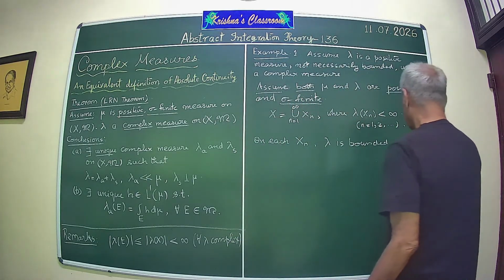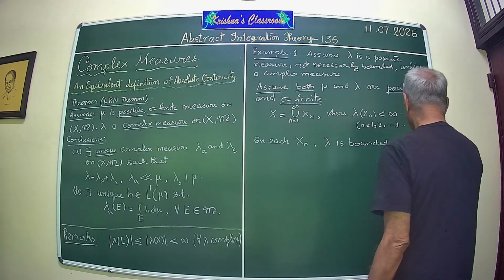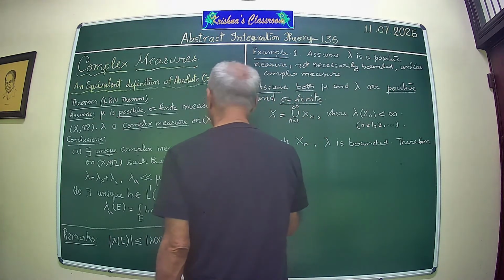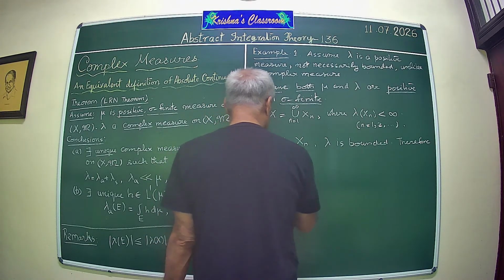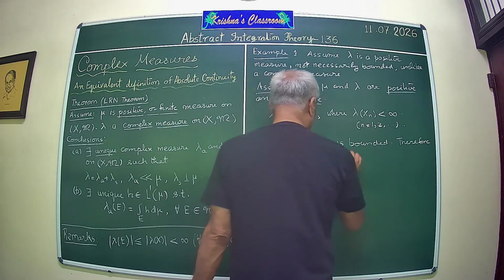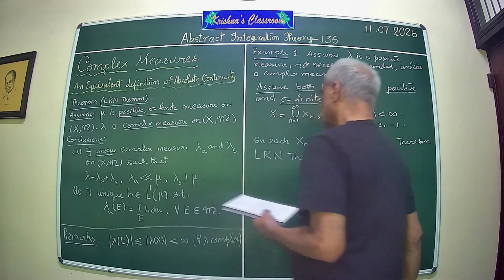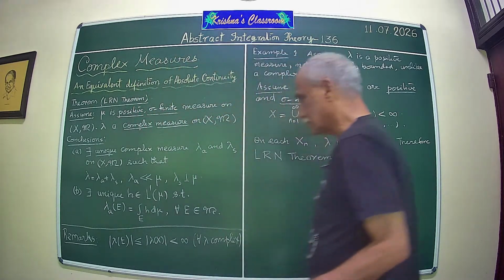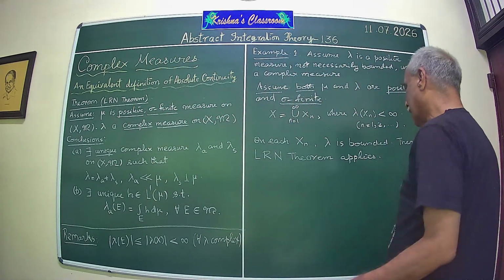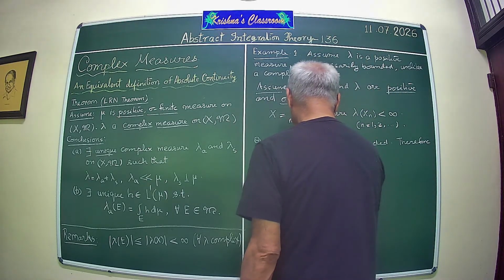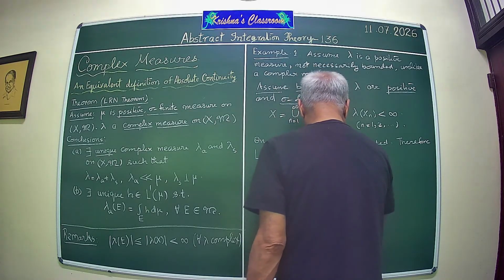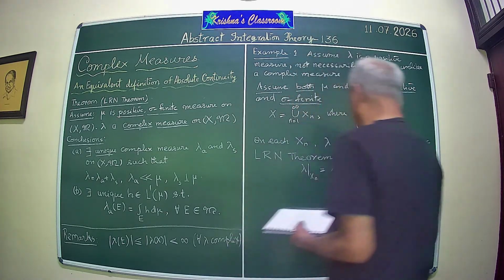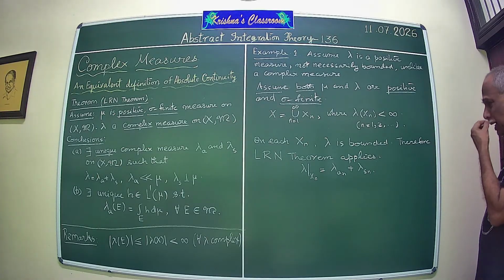Therefore, the Lebesgue-Radon-Nikodym theorem applies and we can break up lambda into lambda_a and lambda_s on X. Okay. So on X_n, we can write lambda as lambda_a^n and lambda_s^n.